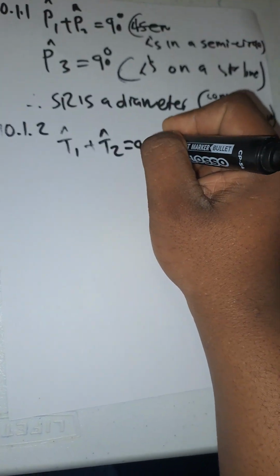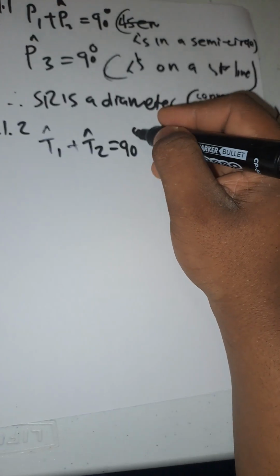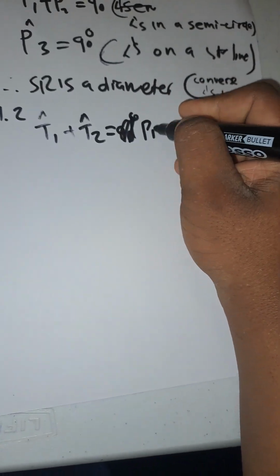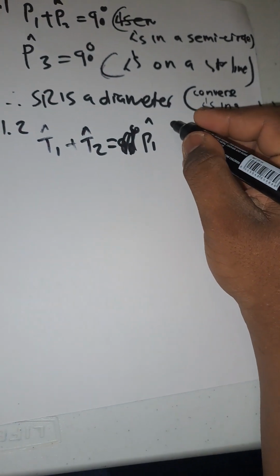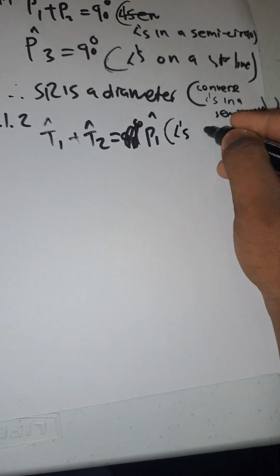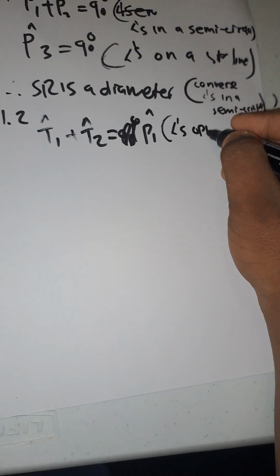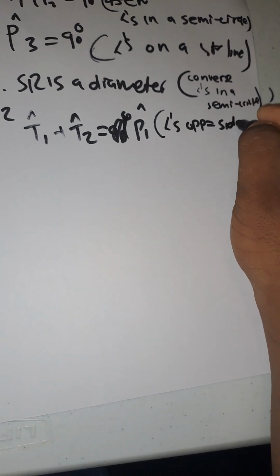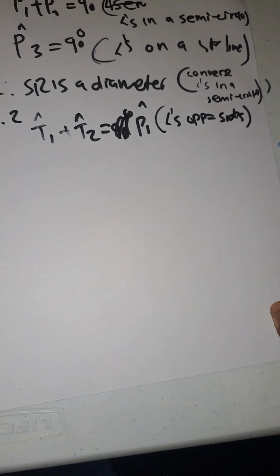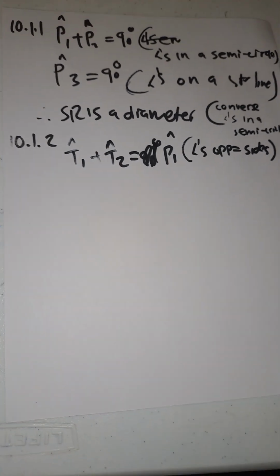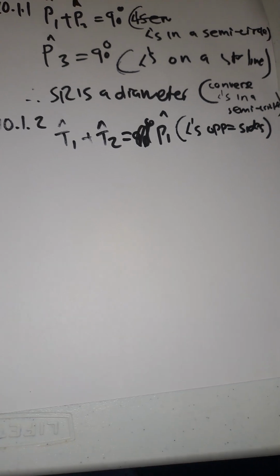It's equal to 90 degrees. Wait, I said P1. It's equal to P1. What is the reason there? Angles opposite equal sides. Okay, angles opposite equal sides. So now let's continue.